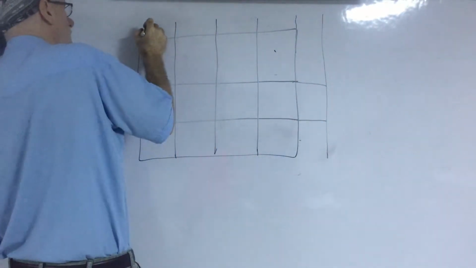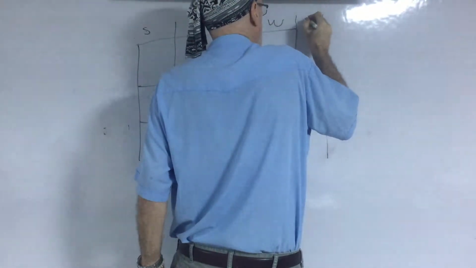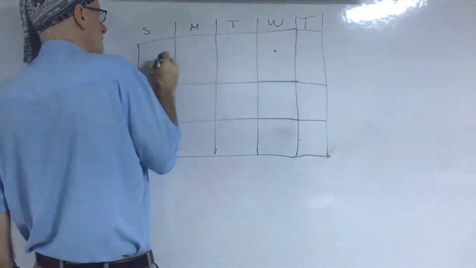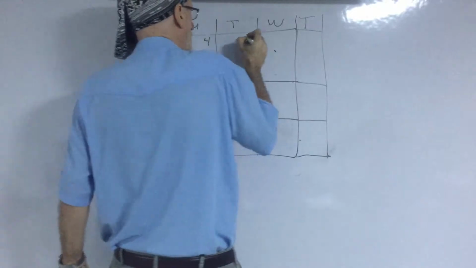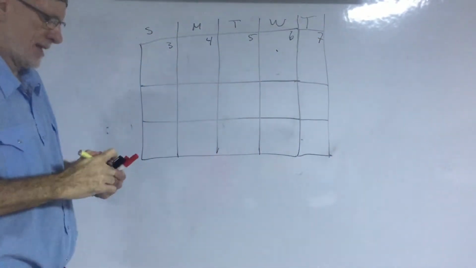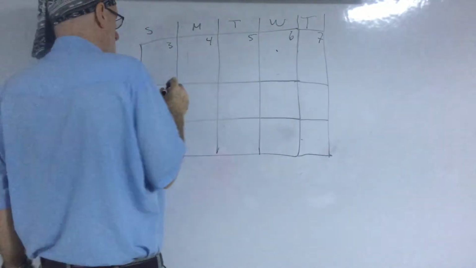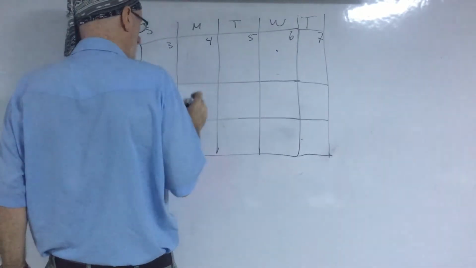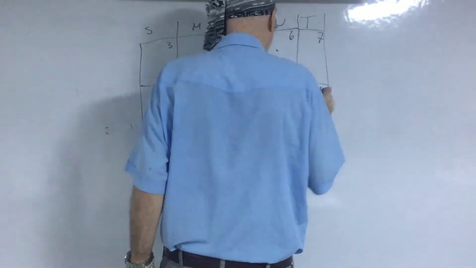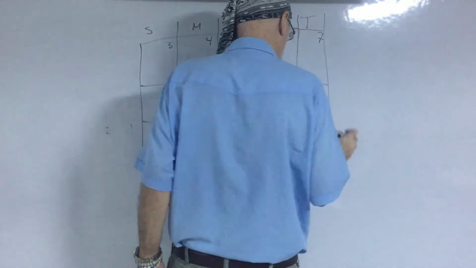The 3rd? Okay, 3rd of December. All right, so it's going to be 3, 4, 5, 6, 7. Is that right? Yes. And then 8, 9, 10, 11, 12, 13, 14, 15, 16, 17, 18.